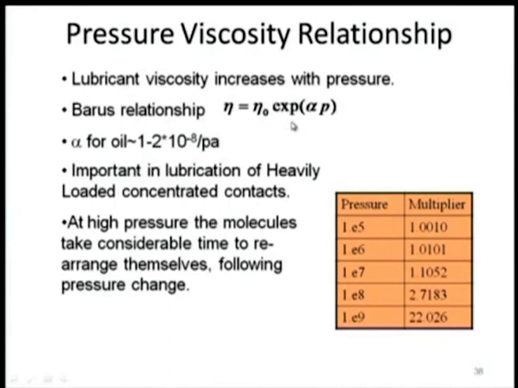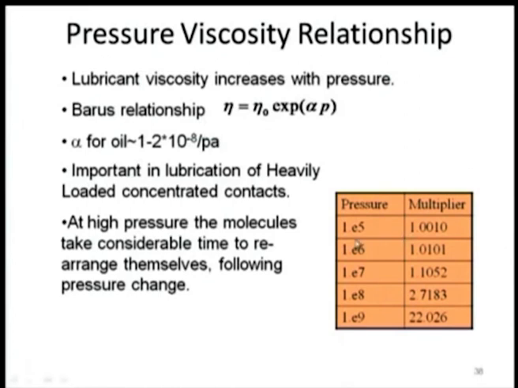To elaborate that, I have given this table over here. We say let us assume alpha is equal to 1 and increase the pressure. Pressure is only 10⁵ Pascal. That means this is 1×10⁻⁸ into 10⁵, that means it will be 10⁻³. With 10⁻³, the viscosity will be almost the same as eta 0, that is, at ambient pressure.